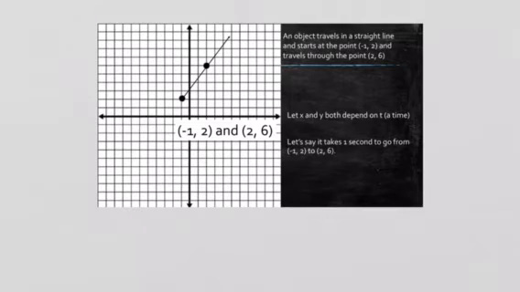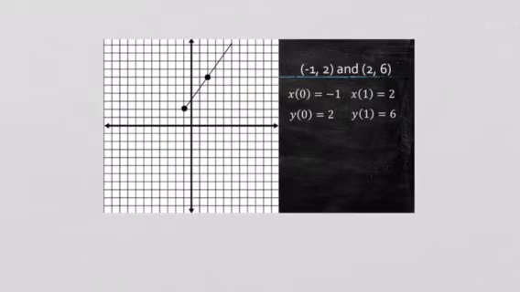So we need to think about how far it traveled in 1 second, and then we'll use that to figure out how far it's going to go after any amount of time has passed. So we can define x of t and y of t. Right? X of t telling me how far in the x direction I've traveled, and y of t telling me how far I've traveled in the y direction.